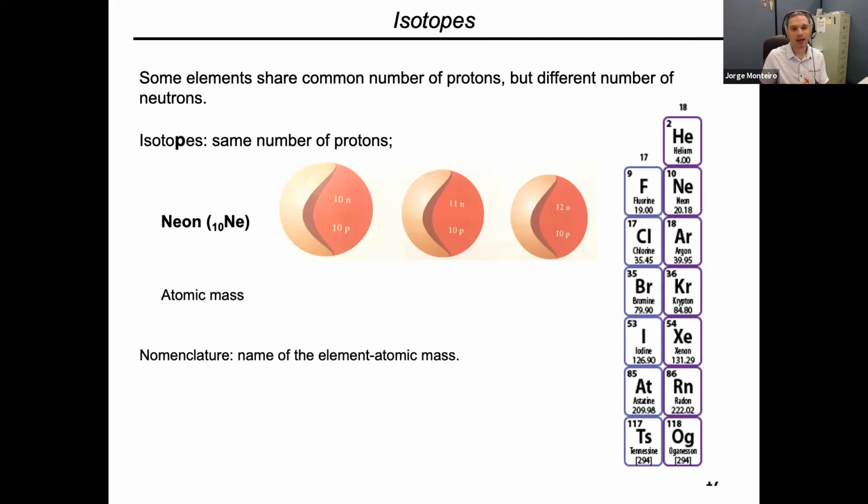Therefore, isotopes are elements with the same number of protons. Let's look here at neon. Neon will show up in nature as three different isotopes. See here, all of them have 10 protons. However, they have a different number of neutrons.